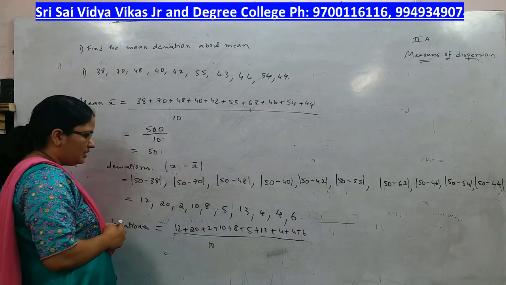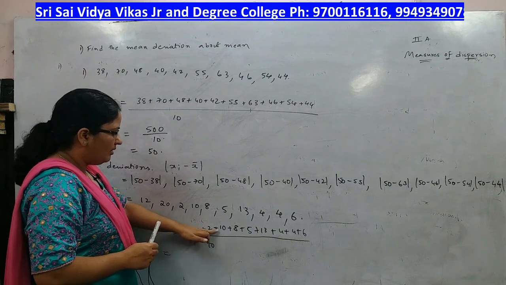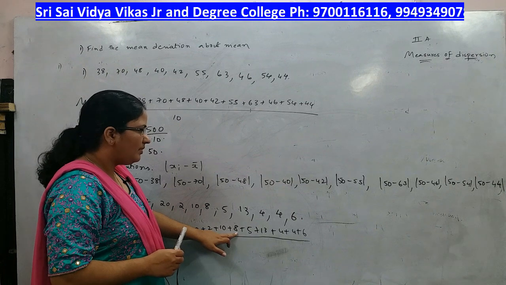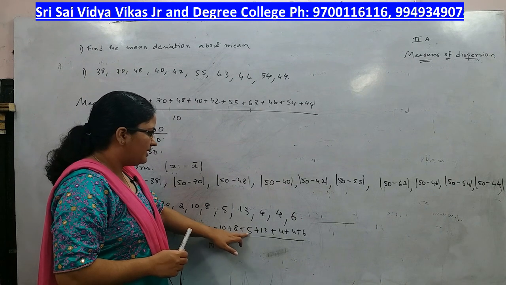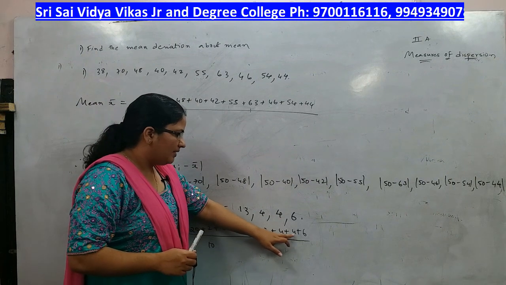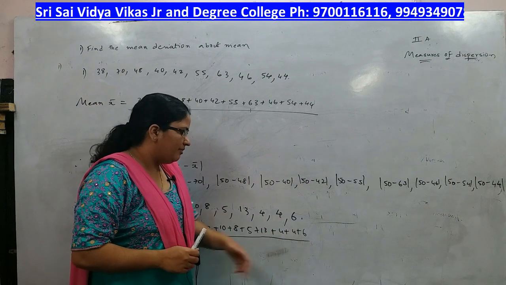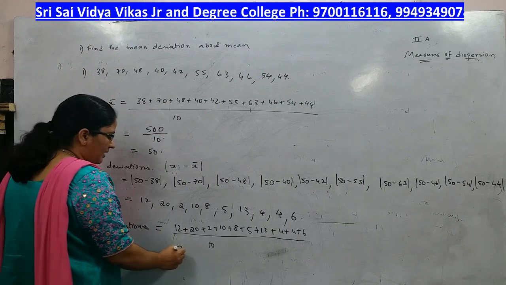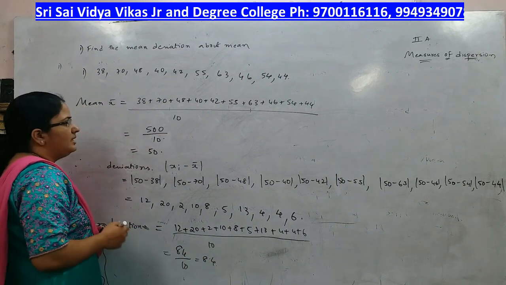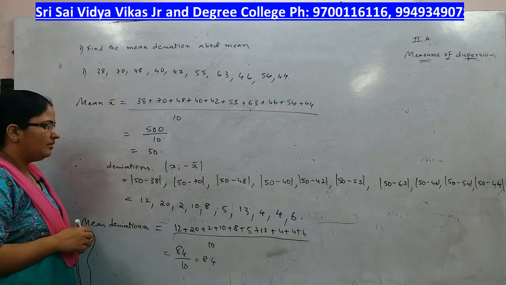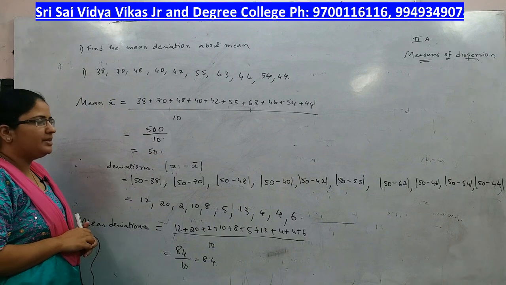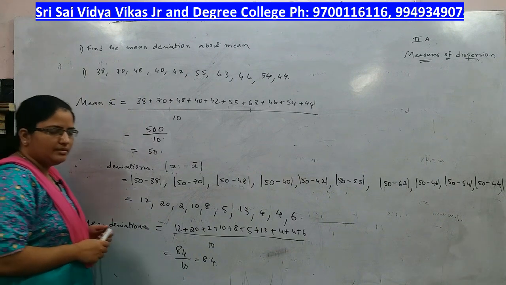Let us calculate this: 32, 34, 44, 52, 57, 70, 74, 78, 84. That is nothing but 84 by 10, which is 8.4. This is the mean deviation about mean. Similarly, we shall find mean deviation about median, that we shall discuss in the next class. Thank you.